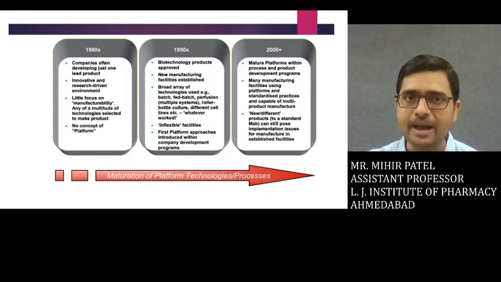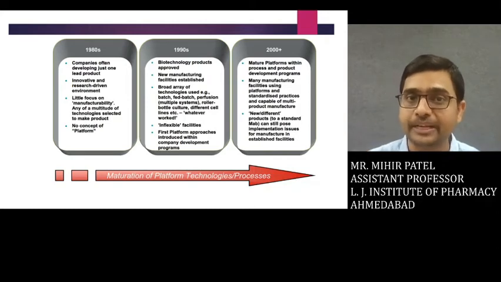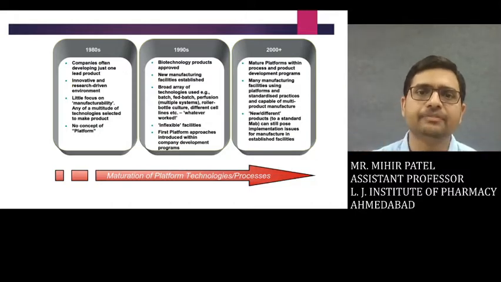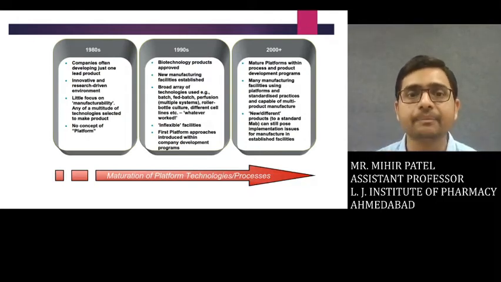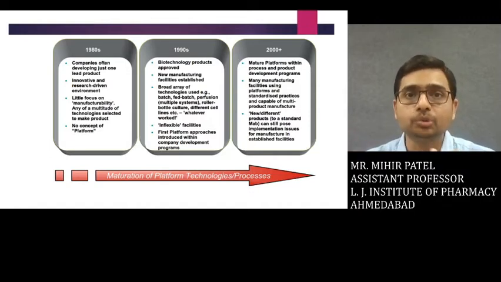But day by day, as the technology evolved, the mature stage of platform technology came. In the 1990s, mostly for biotechnological based components, new manufacturing facilities were established, and these technologies evolved after 2000.